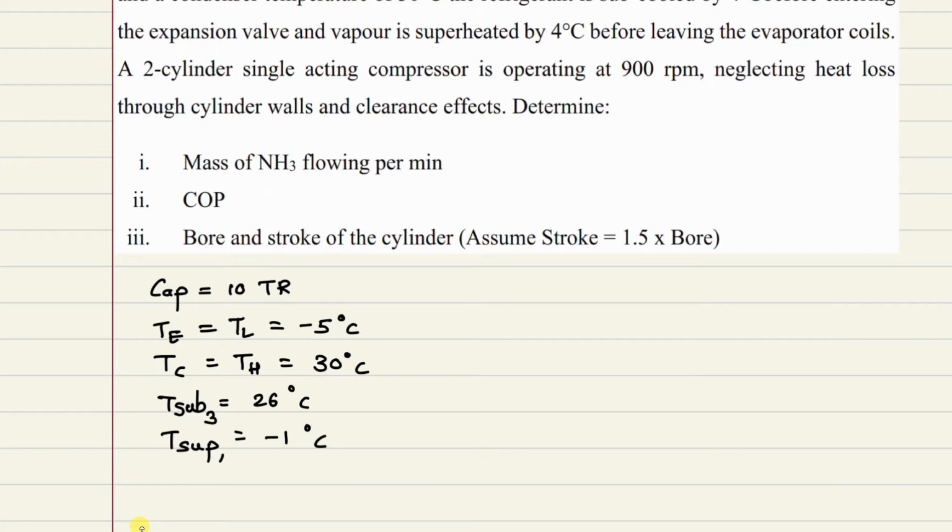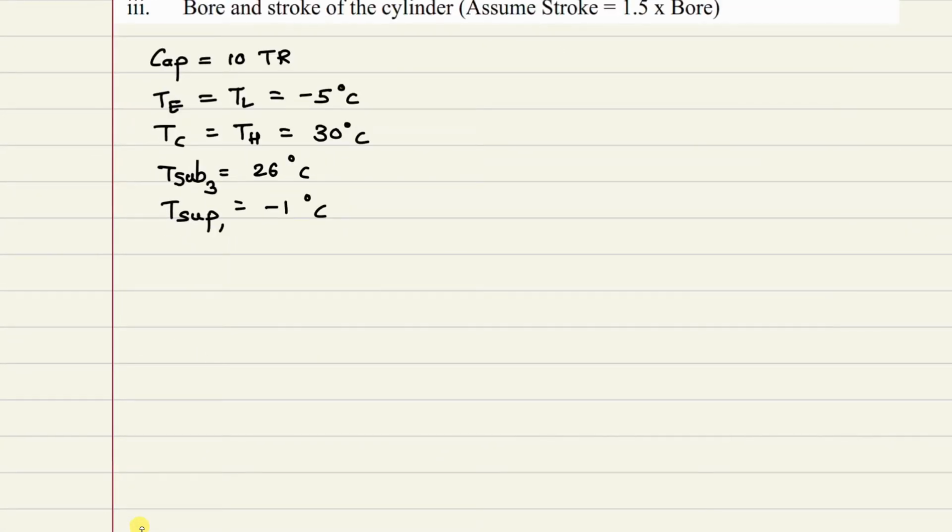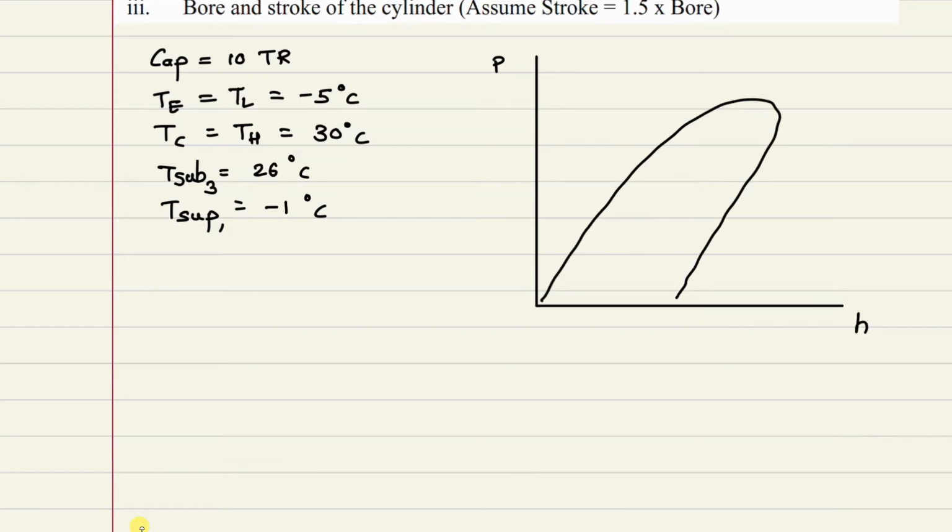Now we will draw a pH diagram based on this information. So I will draw a pH diagram over here. We can show the vapor dome. Then we will show the higher temperature and then the lower temperature. So we have marked T high temperature, which is 30 degrees Celsius, and T low temperature, which is minus 5 degrees Celsius.